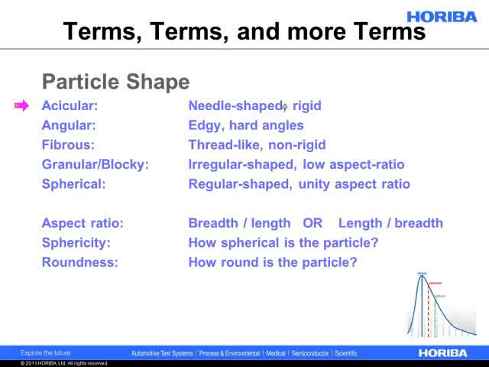They have to be rigid. If they're non-rigid, but kind of needle-shaped, we would call that fibrous. Different ways of describing shape measurements or shape parameters, instead of just naming the shape, are aspect ratio, sphericity, roundness. There are actually tons and tons of different parameters here. I'm just naming 3 of the most common.